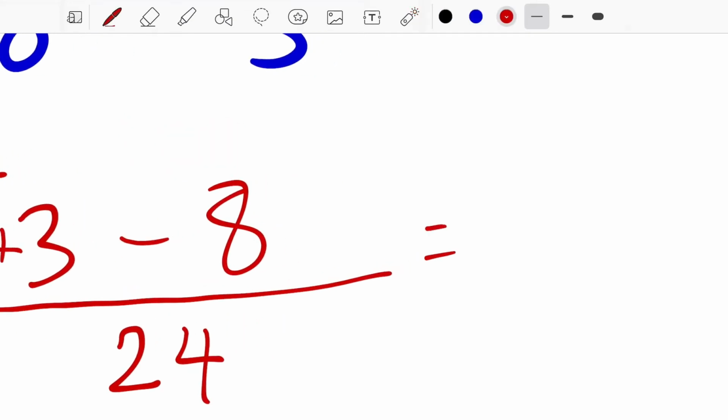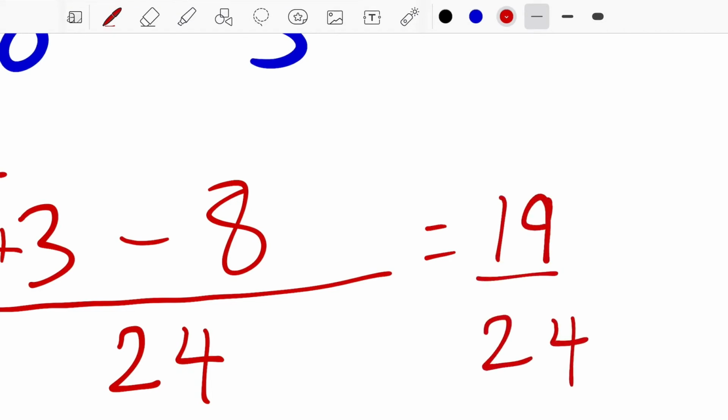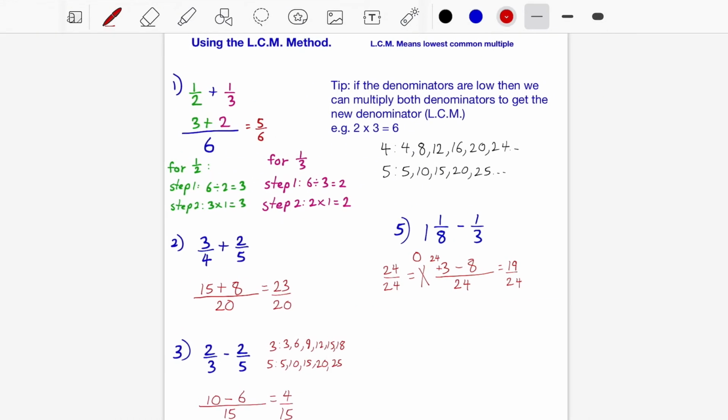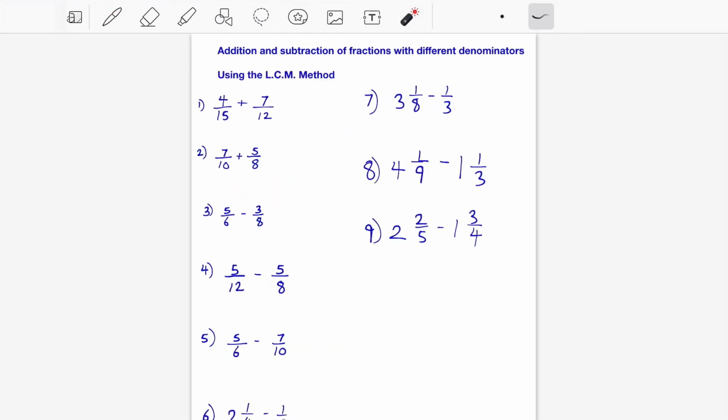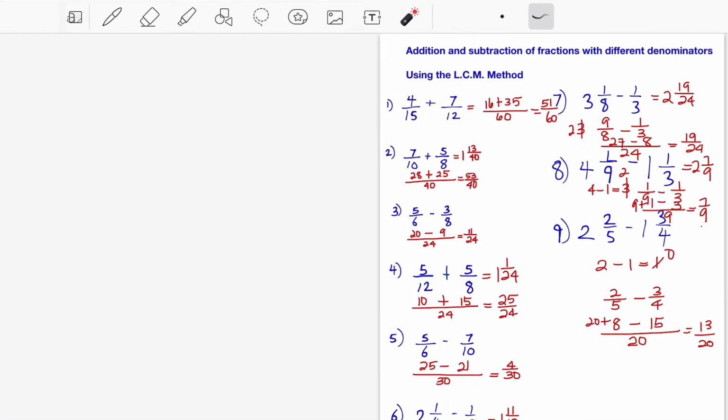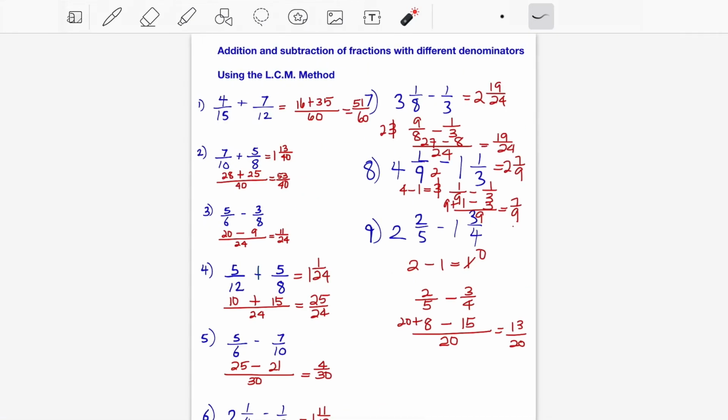So that's 19 over 24. Feel free to pause the video and attempt the questions before I turn to the solutions. You can now pause and make your corrections.